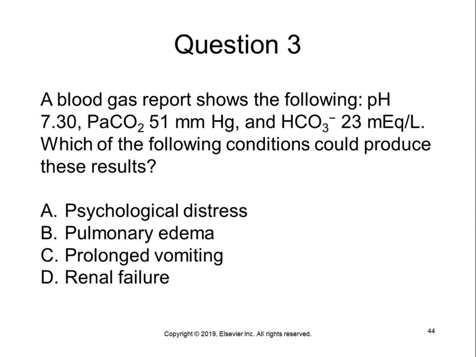The PaCO2 is 51, which is a little bit high. Bicarbonate at 23 is normal. That means that the acidosis comes from the lungs. In this case, we have a respiratory acidosis.